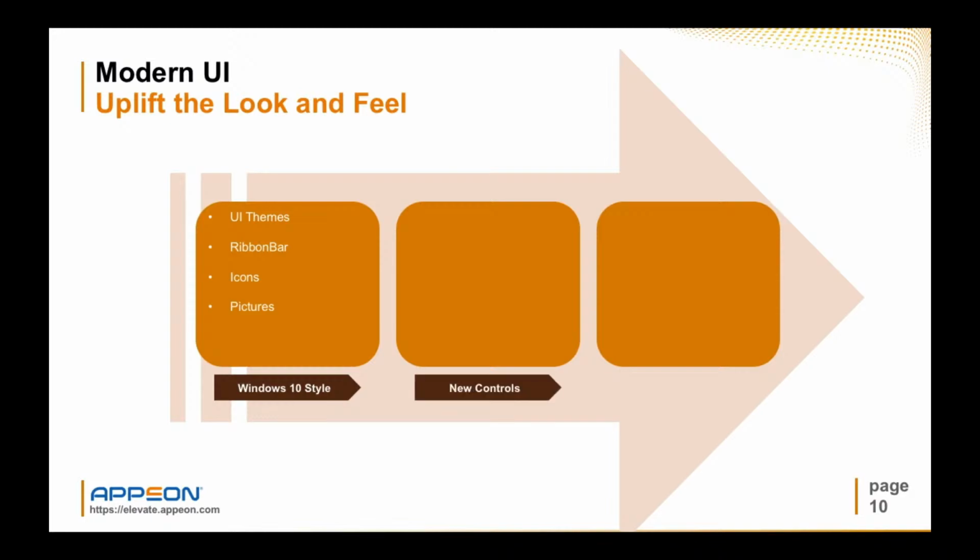Adding more UI controls to PowerBuilder is also on the roadmap, but it's not a race to add the most controls possible. Rather, we are focused on essential controls that really should have been added to PowerBuilder years ago. In 2019 R3, we've replaced two existing controls with a far more powerful implementation.